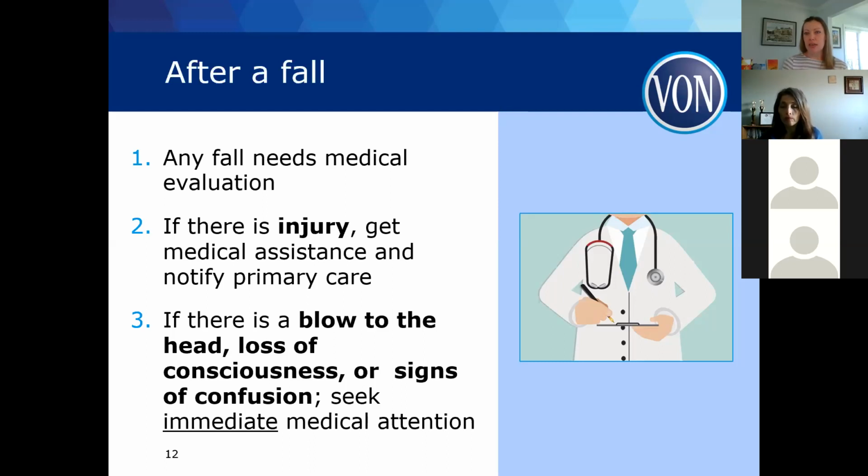One person had a stroke after it, and the other person had something else. So it is really important to get medical attention right away. Make sense? Good.